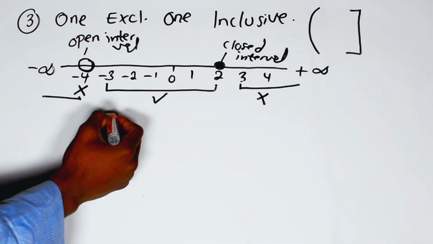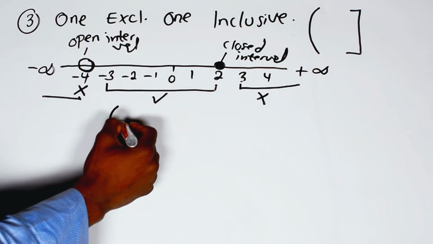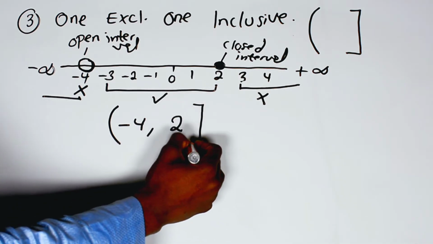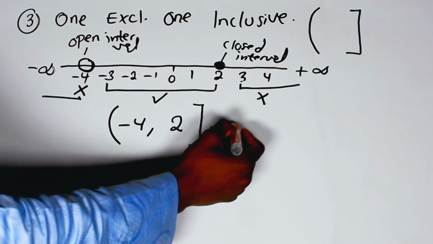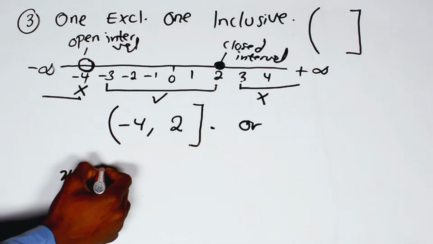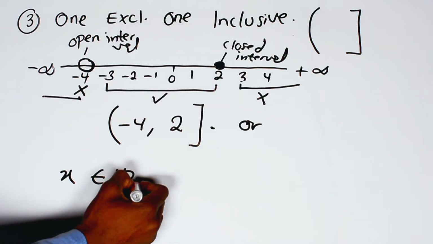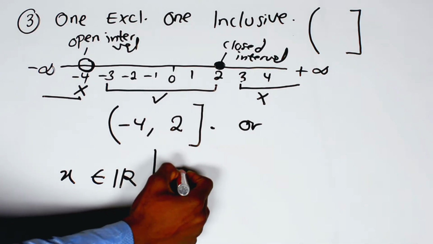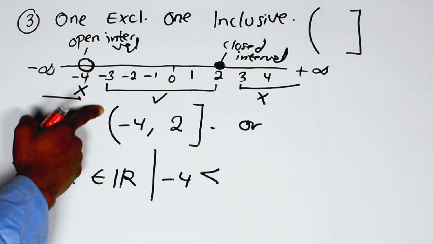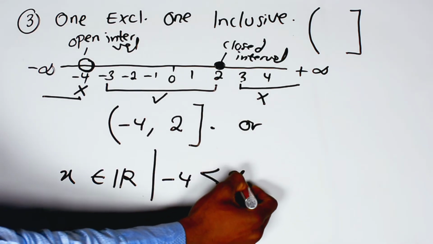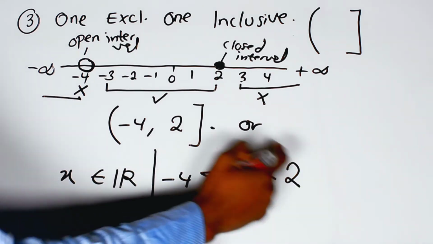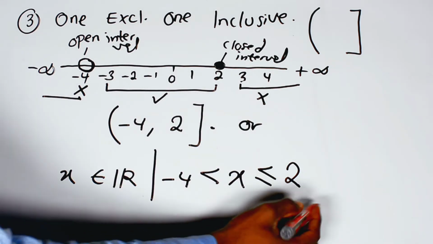So now we can write this as -4 exclusively to +2 inclusively, or we can show this in the form of notation as x belongs to real numbers such that -4 is less than x. That means it is not up to -3, and less than or equal to 2 as the inclusive end point.